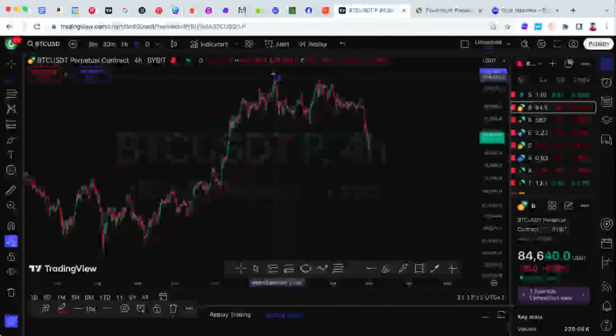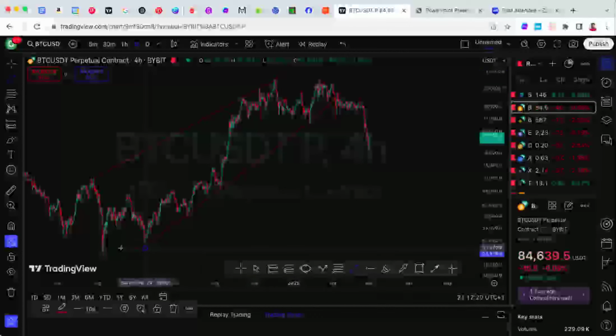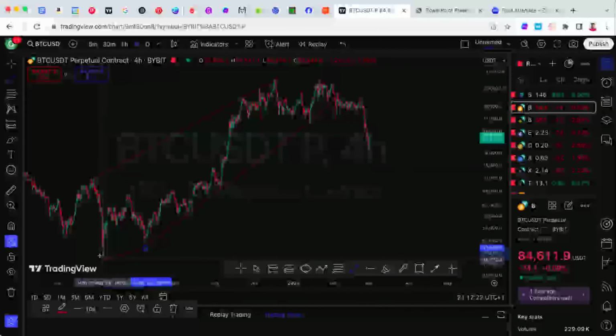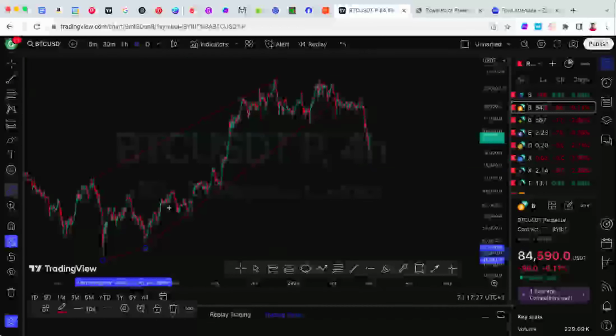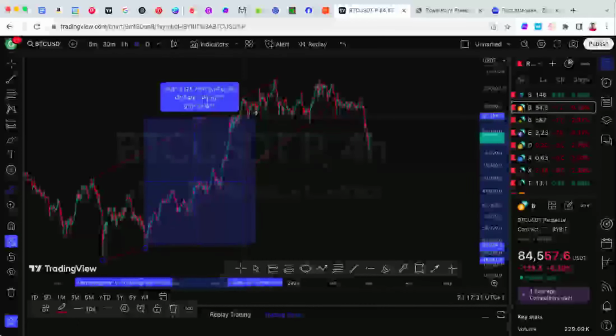Imagine I wanted to trade within this range. So I use my ruler, I measure from here.